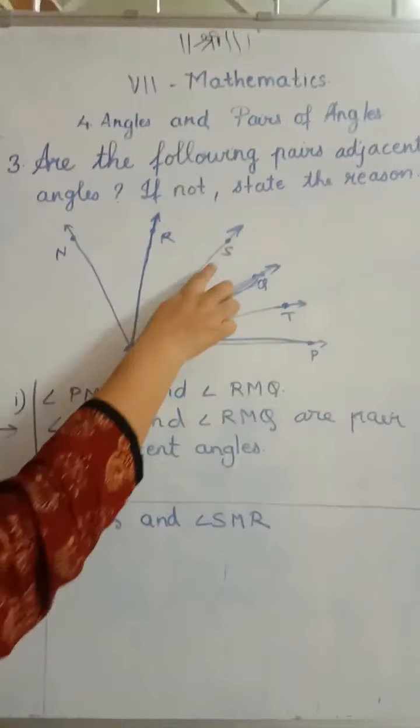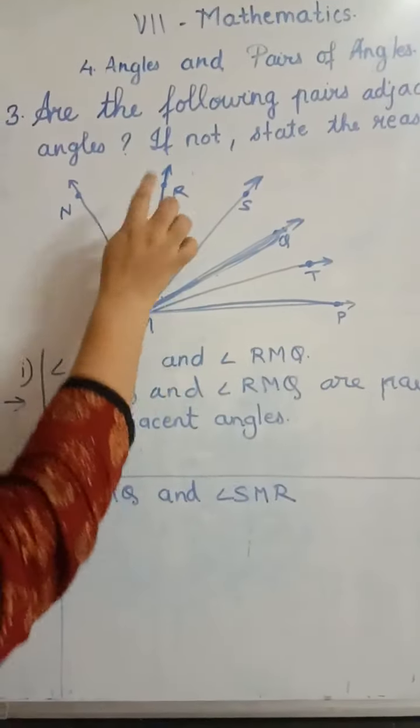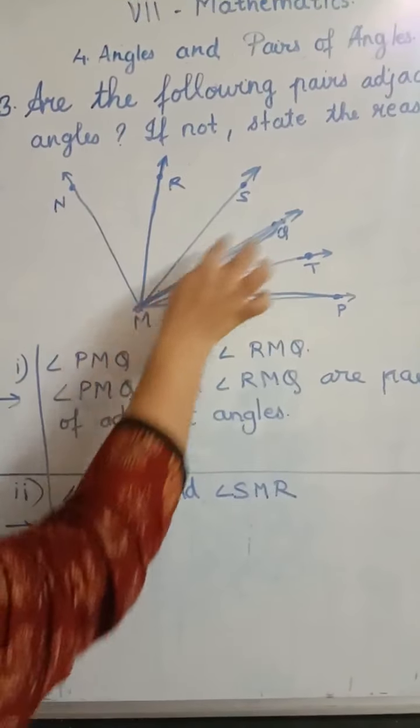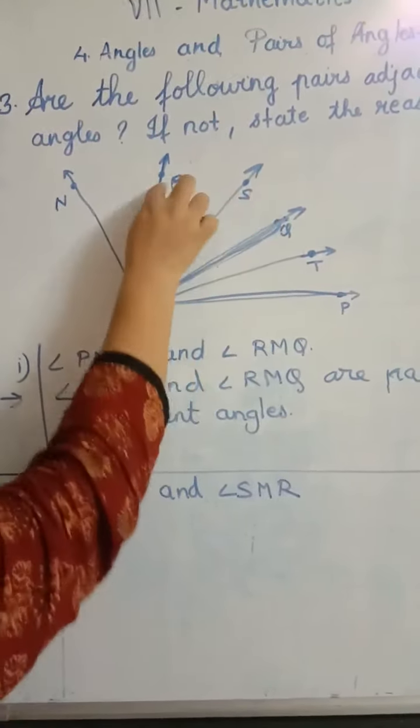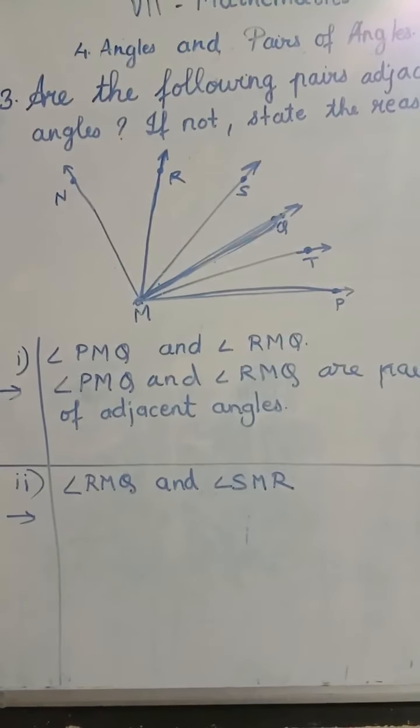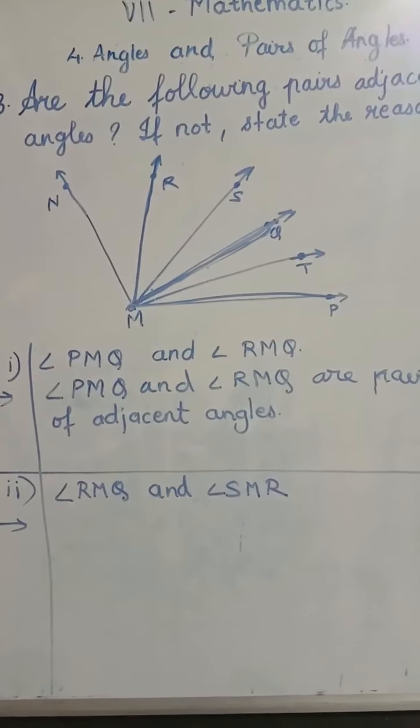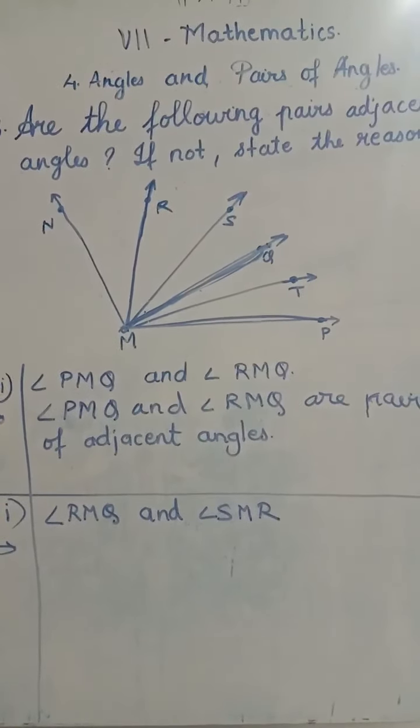SMR. See here, RMQ. In this part, only SMR is there. So is it a pair of adjacent angles? No. So what will we write here?